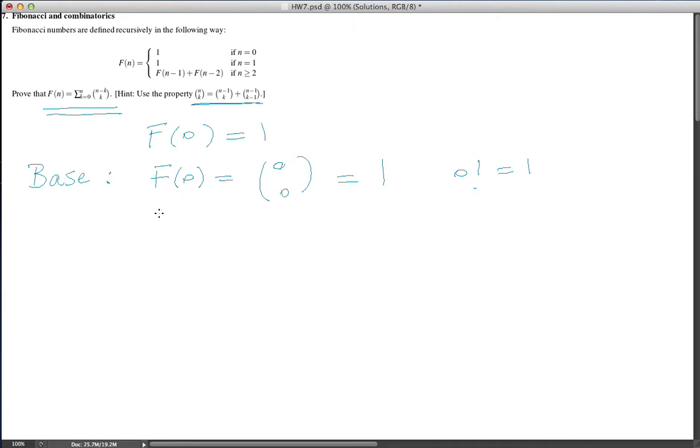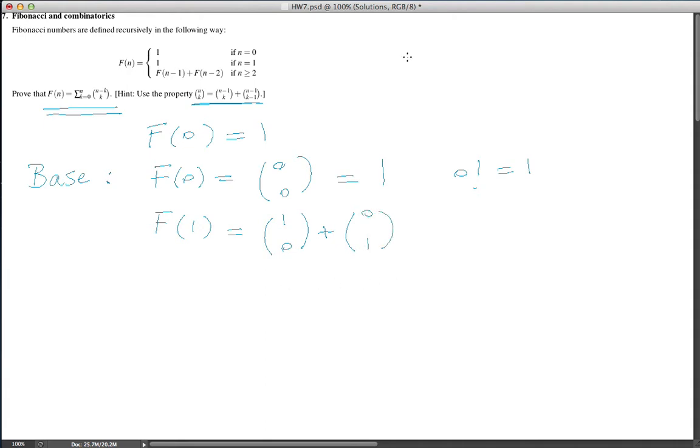So it is true for this case, and f of 1, so n is 1, is 1 choose 0 plus 0 choose 1.